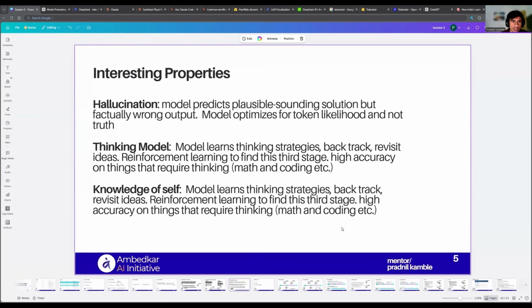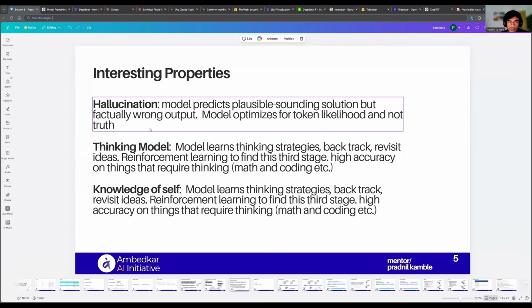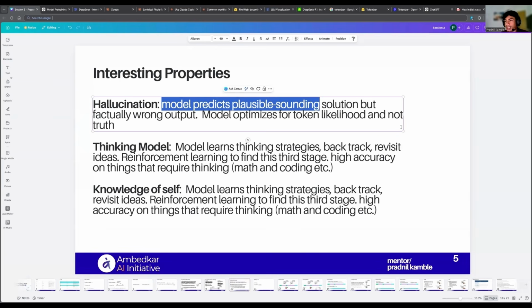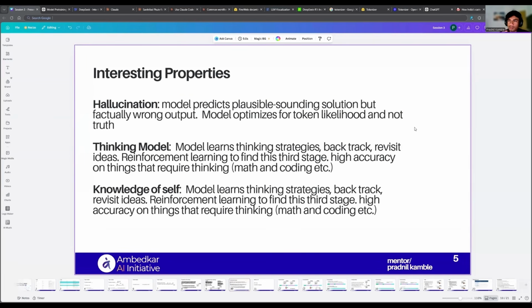One problem, or rather one interesting property, is hallucination. What actually happens is that the model is just trying to predict the next word. It has been trained in that particular fashion. There is a probability that the next word can be any of these, but the model is relying on the most probable thing in its sentence structure.